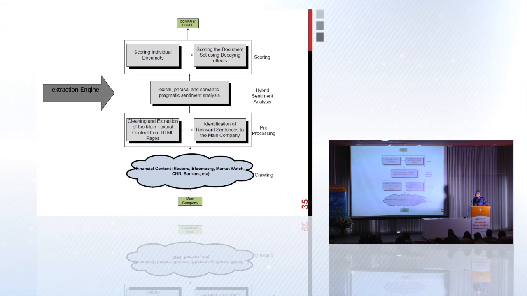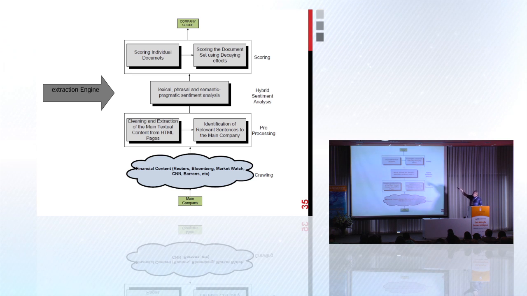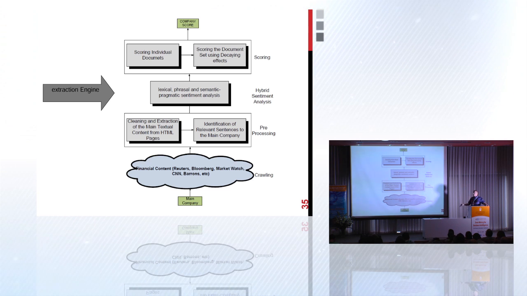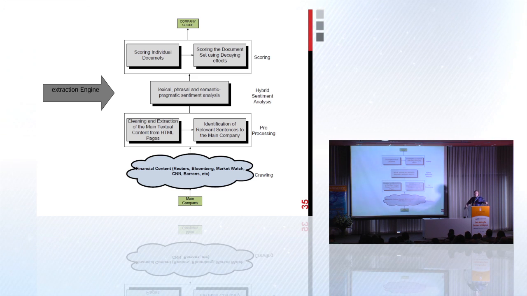I'll talk about it in a second. We do the scoring of the sentiment for a single document. We use the full set of documents with decaying effect, so older documents will have lower weight. And finally, we have a score for the whole set of documents for the specific stock between -1 and 1.